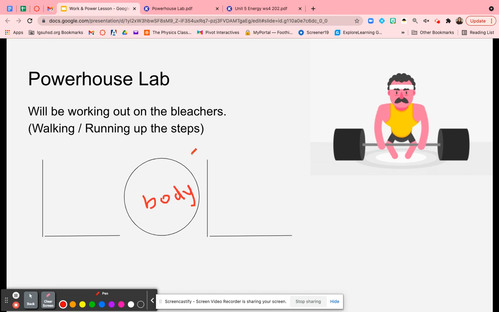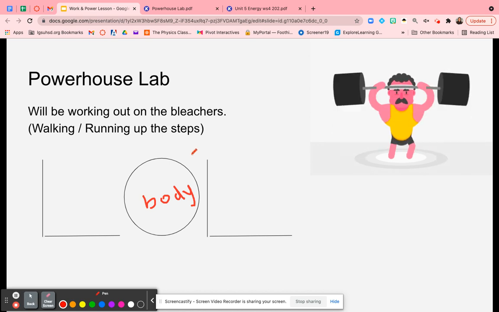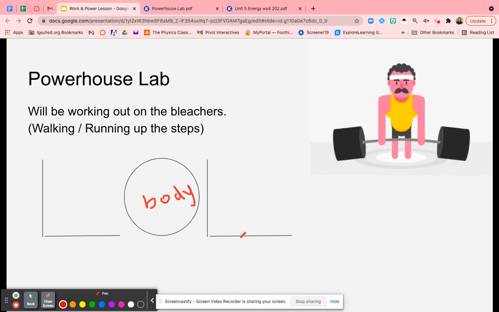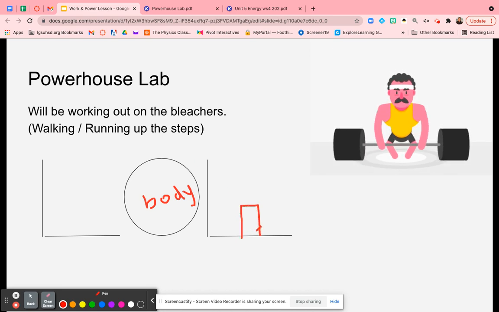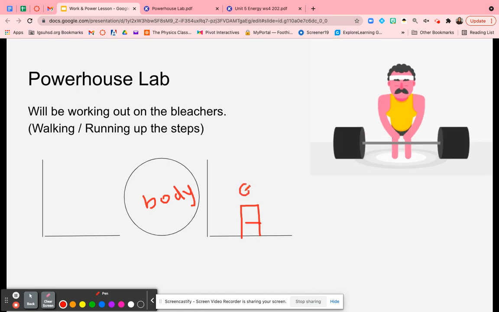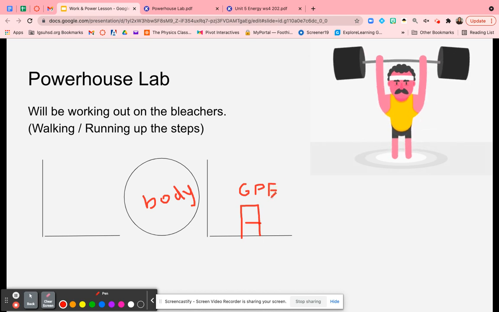And when you think about where you're going, you start at the bottom of the bleachers, you end at the top. It's easiest to do the final energy, which would be gravitational potential energy, because now at the top of the bleachers, you've got a height. So this is GPE. But where did that height come from?